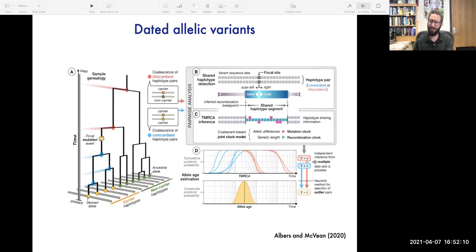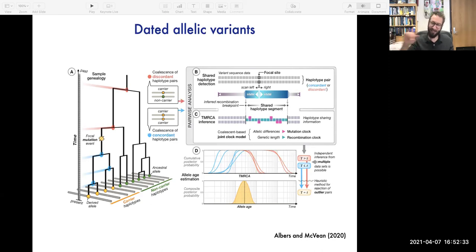Luckily, there are all of these very smart people who worked out how to give us data on allele age. There's one method from Albers and McVean, GEVA is the name of the method. I don't know how they pronounce it, but for every segregating SNP in humans, it tells me how old it is in numbers of generations, right?